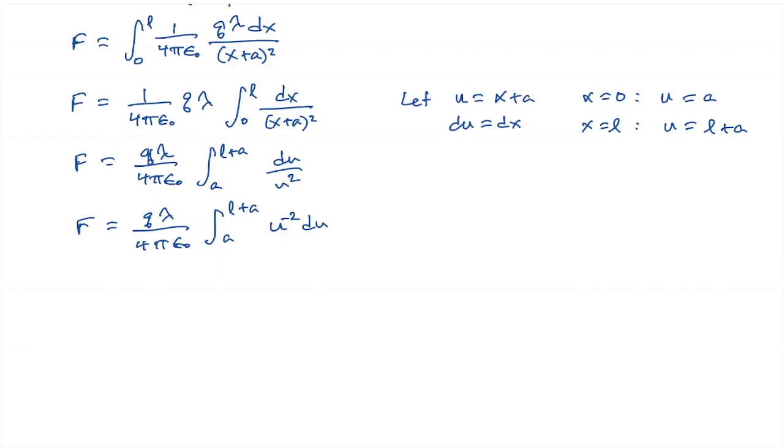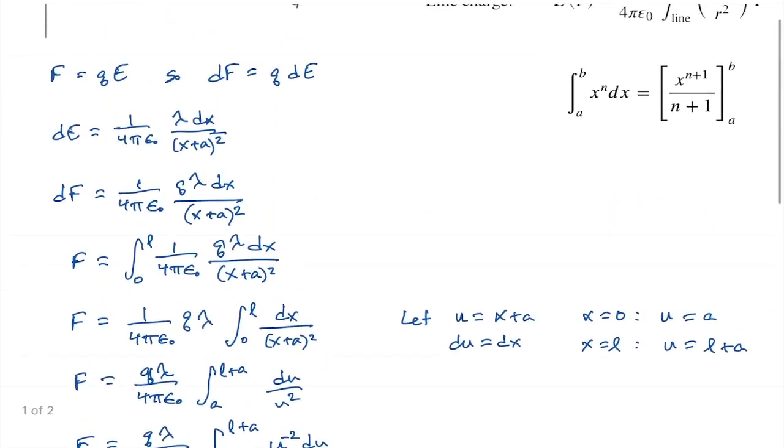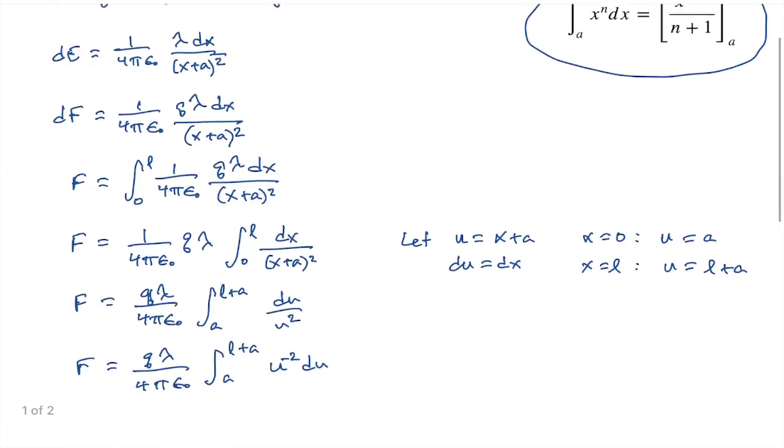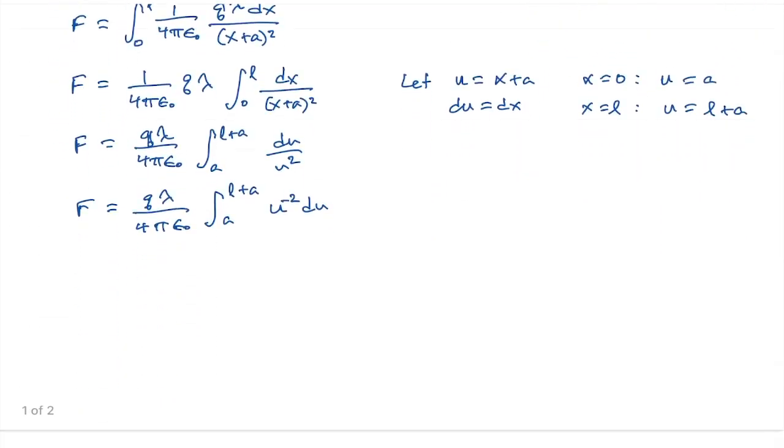Okay, and so this is where we can use this guy. So F is q times lambda over 4 pi epsilon 0, and in parentheses we have u to the minus 2 plus 1 over minus 2 plus 1, evaluated from a to L plus a.